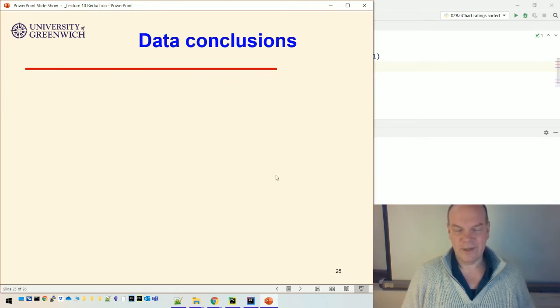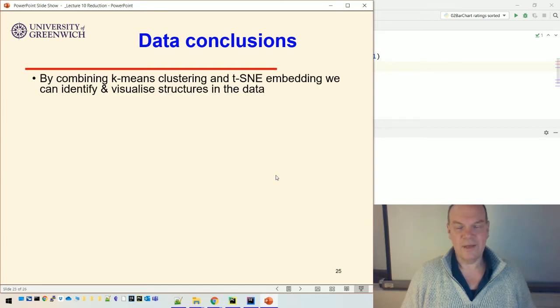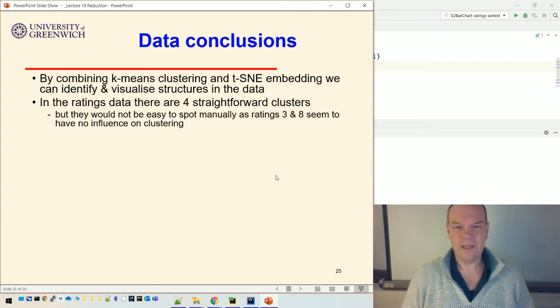So let's conclude the lecture then. What we've seen in this lecture is that by combining these two completely different techniques, we can often identify and visualize structures in the data, and those structures will tell us something about how the data is segmented naturally. In the ratings data, there are 4 straightforward clusters, but they're not so easy to spot manually because ratings 3 and 8 seem to have no influence on the clustering.